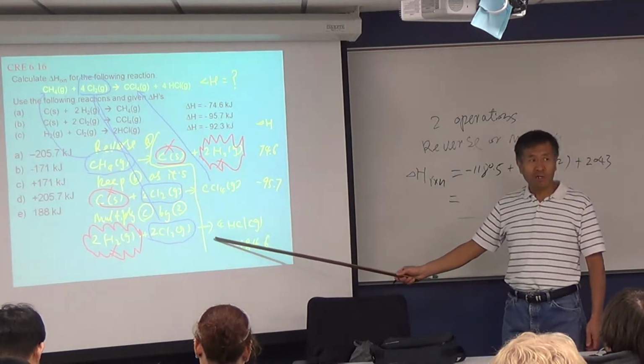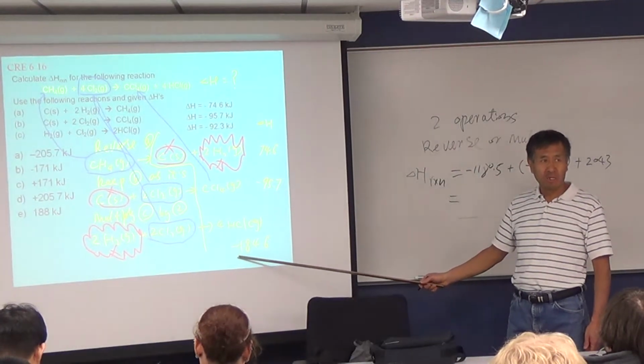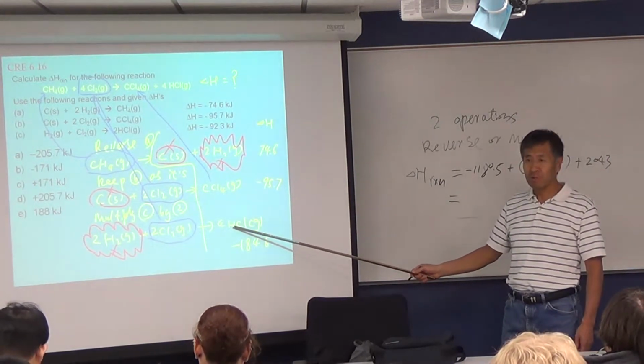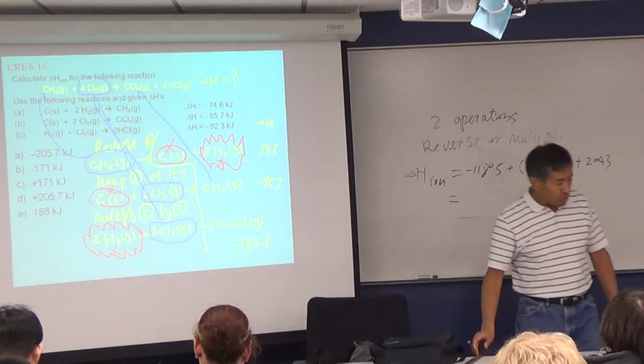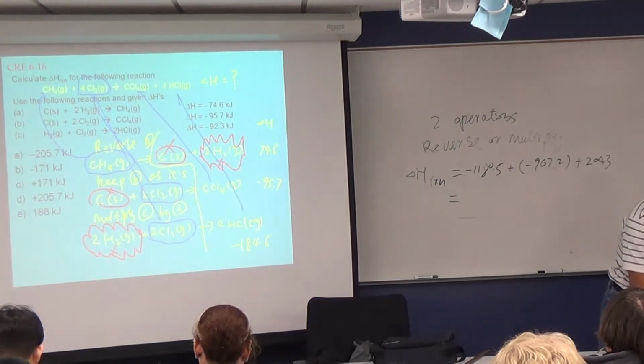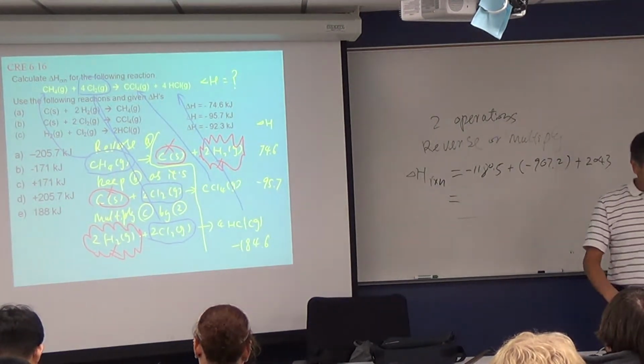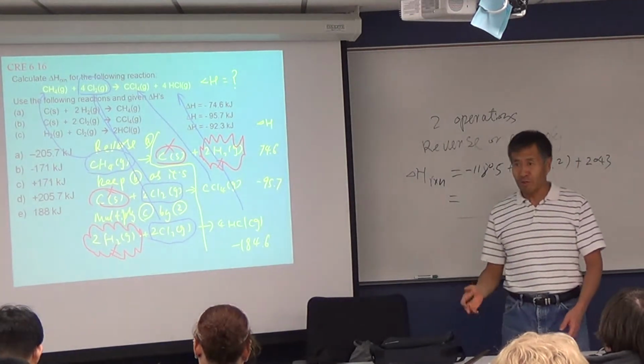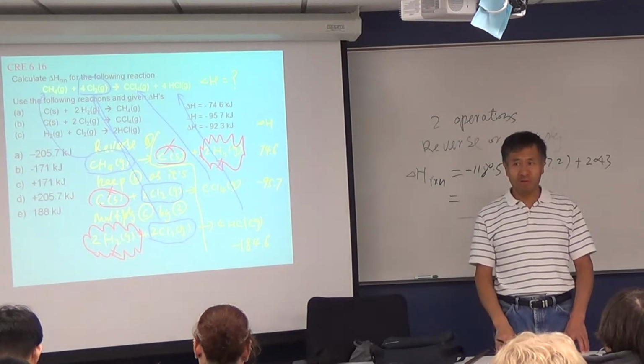What is our product from the last one? 4HCl. Do we need 4HCl? Yes. So once you identify all of them and go to the right place, there is nothing left over. If there is a leftover, that means you count them out.